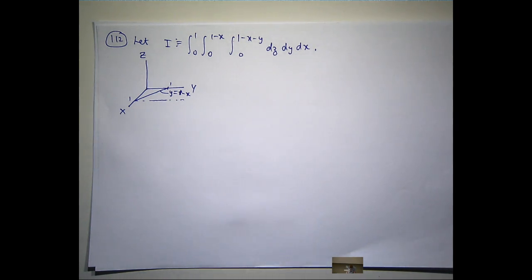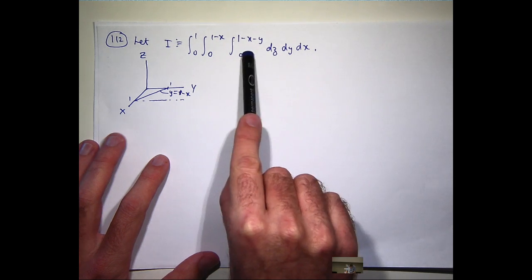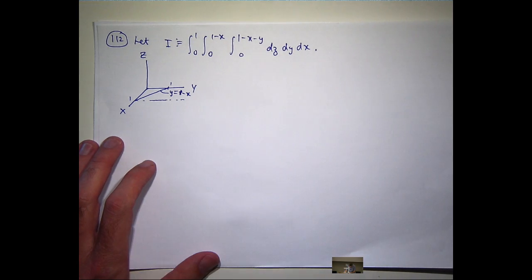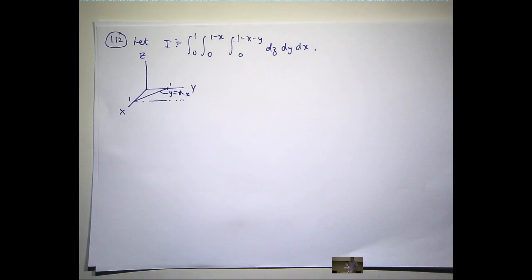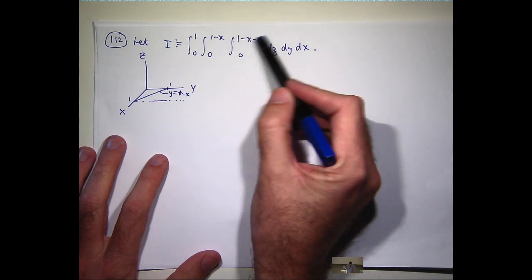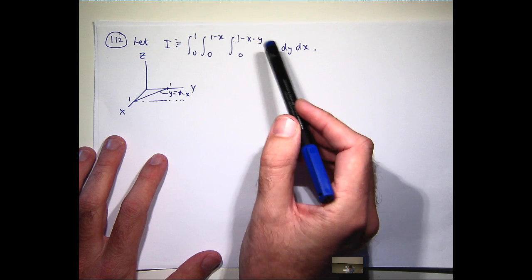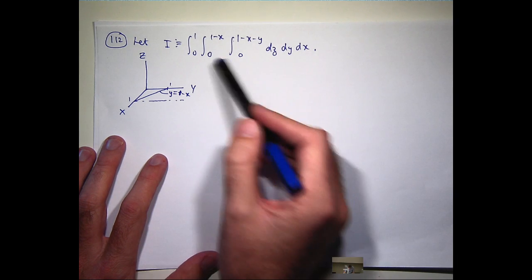Now, what about the two planes that bound the z variable? Well, the plane z equals 0 is just the xy plane, right? Now, the plane z equals 1 minus x minus y, well, that's a little bit trickier to draw. But if you compare this with this, basically this and this is just the same when y equals 0.